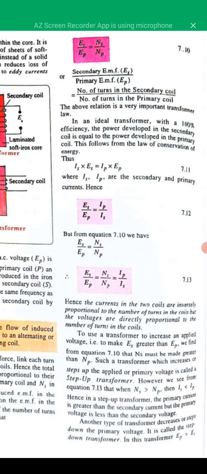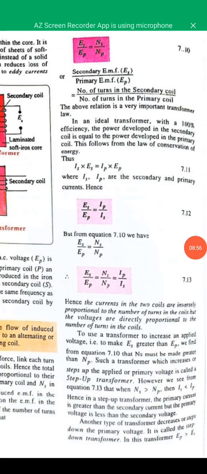The primary current is greater than the secondary current, but the number of turns in the primary coil is less than the number of turns in the secondary coil, and also the primary voltage is less than the secondary voltage. The relationship between current and voltage in the transformer is inverse, but the relationship between number of turns and voltage is a direct relationship.